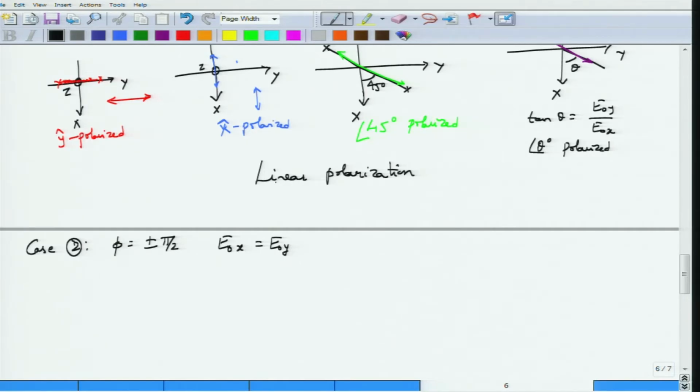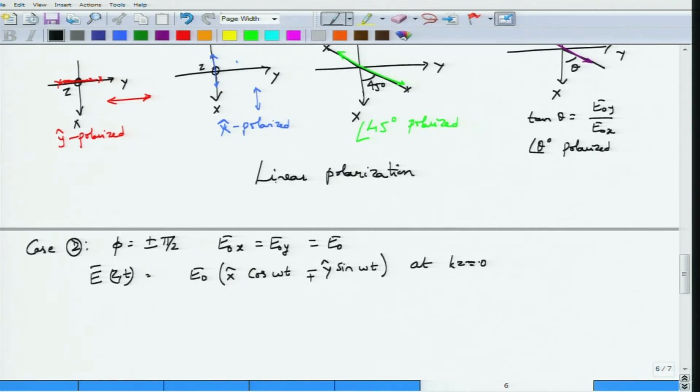So if you write down the expression for the electric field, with the amplitude equal to some E0, I have E0 x hat cos omega t minus or plus y hat sin omega t. This is the expression for the electric field at kz equal to 0.